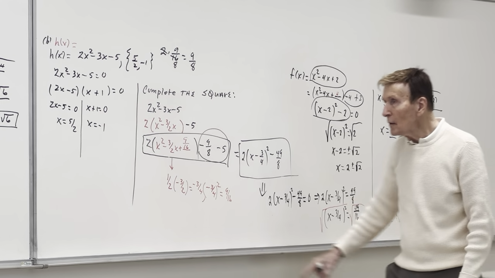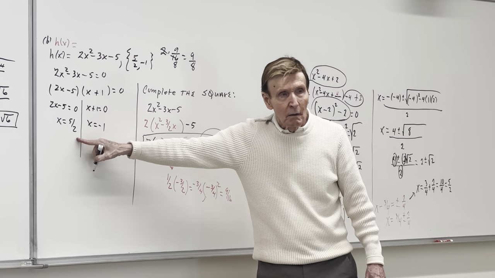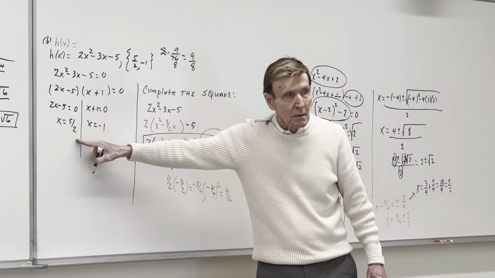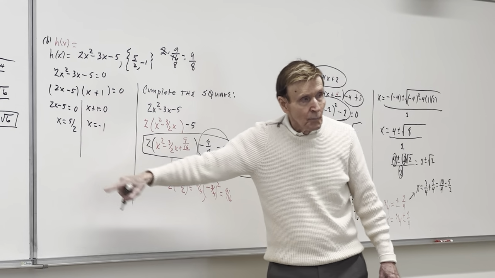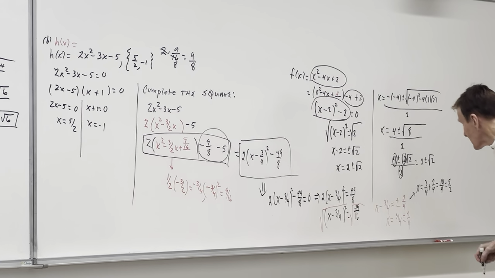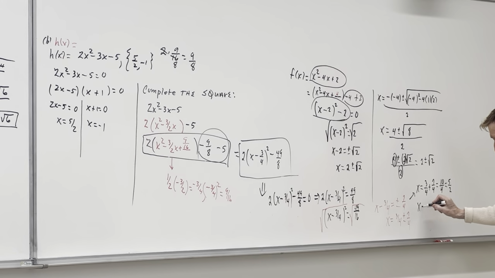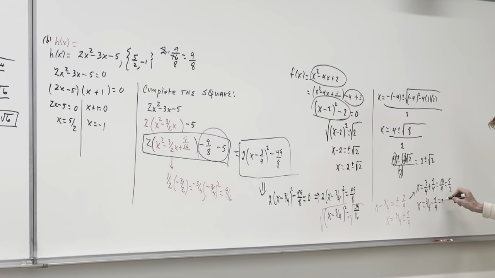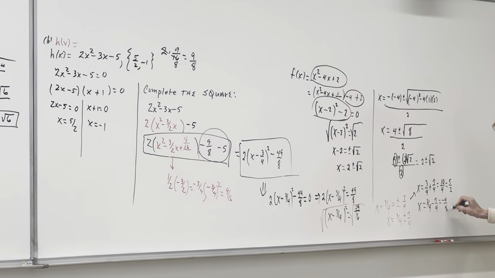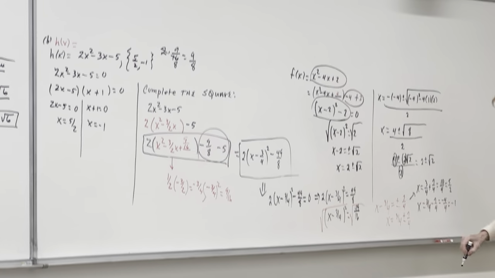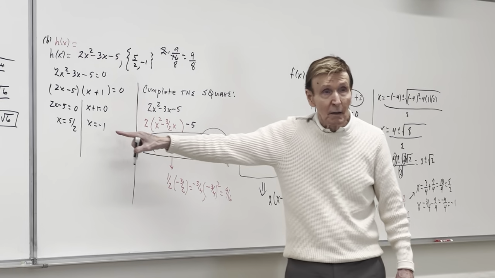Don't scare me. There it is. And then the other one, separated, is 3/4 minus 7/4. Guys, I think that's negative 4 over 4, which is what? Negative 1.